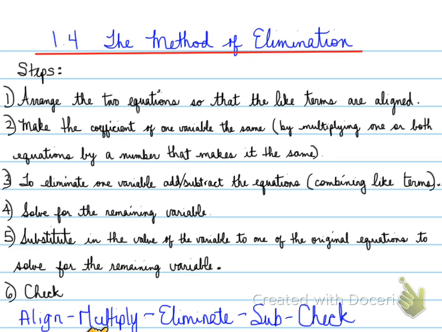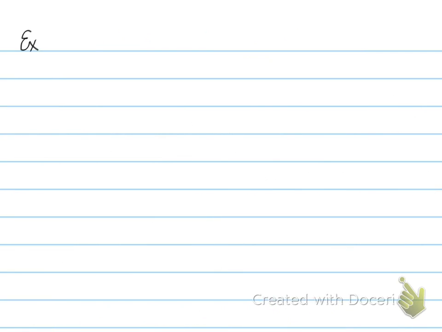A for align, M for multiply, E for eliminate, sub, and then check. And something to note too, guys, you don't always need to check, but if you always remember to do it, it's a good way to make sure that you've got the right answer to complete the final statement. All right, let's look at example number 1.